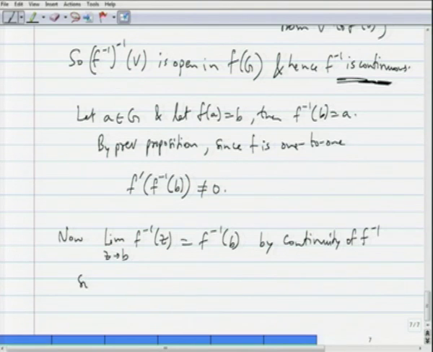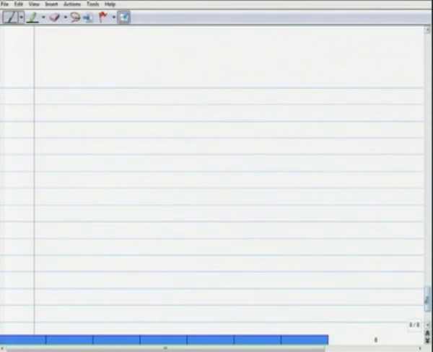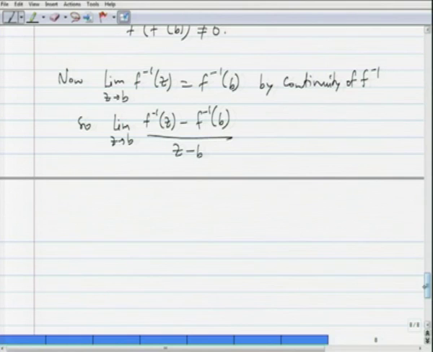Okay. So, the limit as z goes to B of f inverse of z minus f inverse of B over z minus B, this is the difference quotient. I want to show that this limit exists, and then I will be able to conclude that f inverse is differentiable.